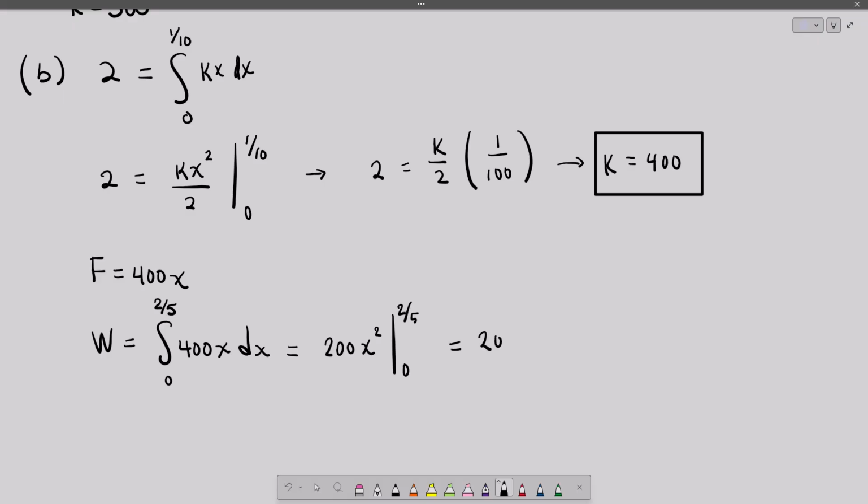So we'll have 200 multiplied by 4/25. We'll get 32 joules.